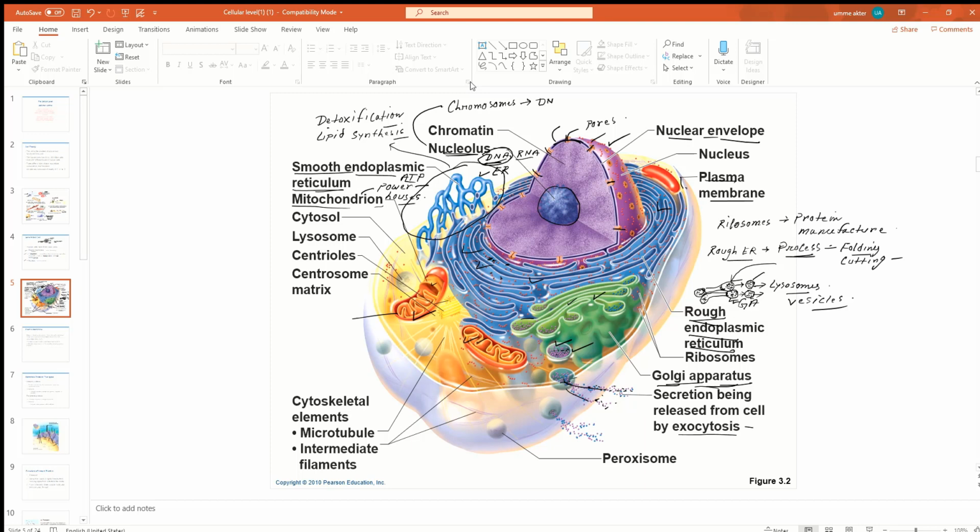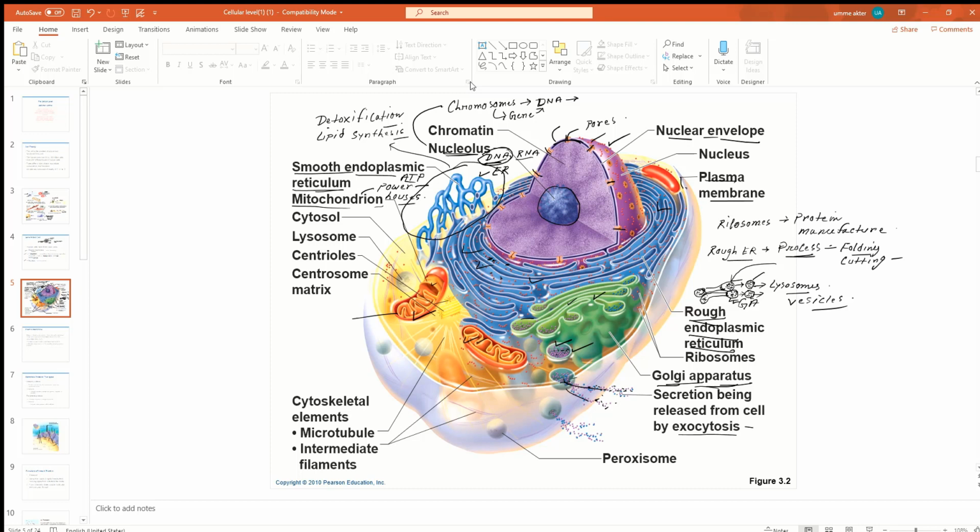So DNA makes the chromosomes, and inside the chromosomes you will find the gene, which is formed by the DNA.